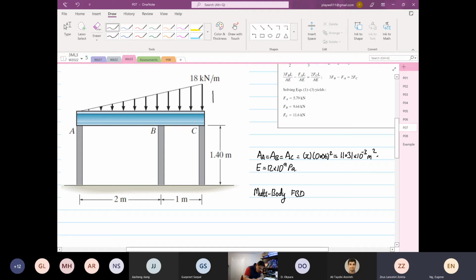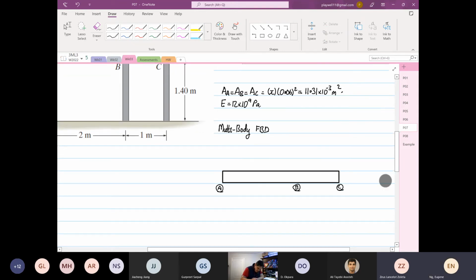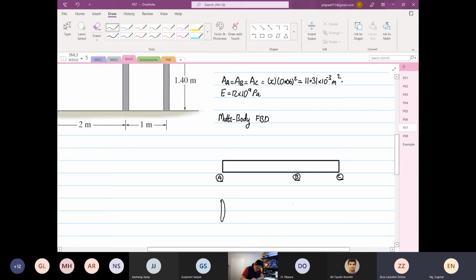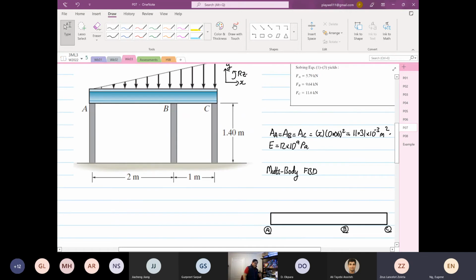Okay, so we label our transformation X, Y. This is rotation about Z. So this is our point A, point B, and point C. Okay, and then I'm going to draw our members down here: 1, 2, and 3.